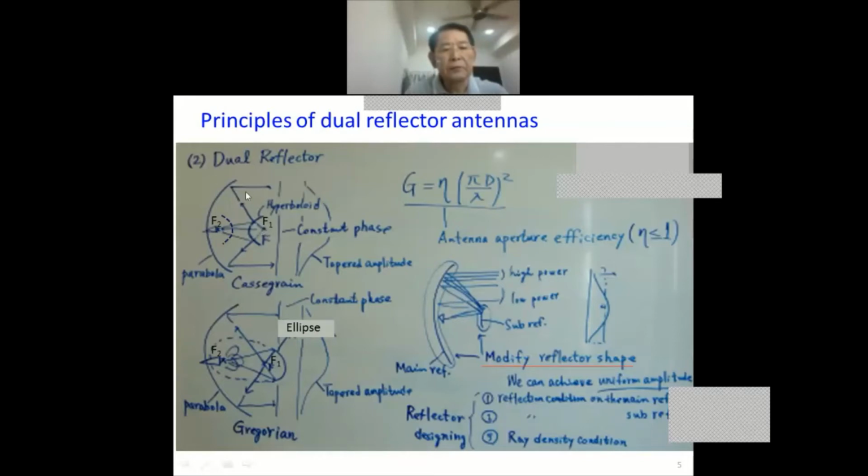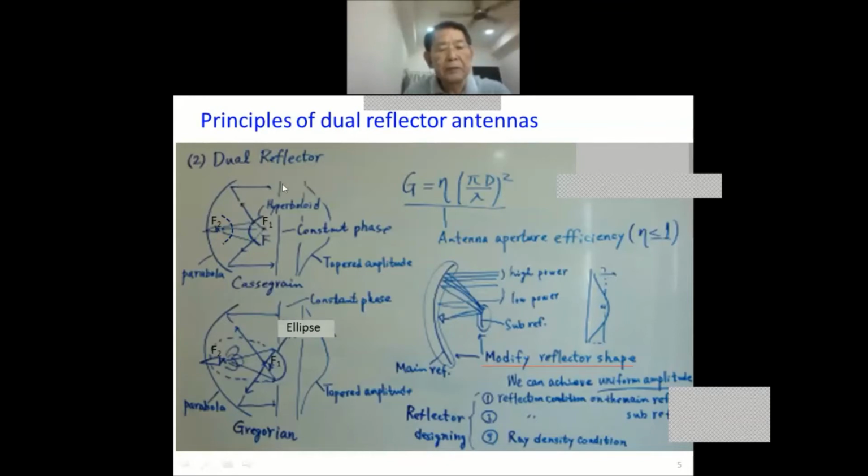The reflection is changed to be the same as the radiation started from this F1. So this F1 is the focus of the parabola.